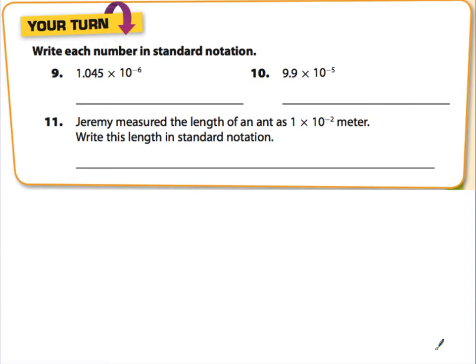All right, so number 9, you have 1.045 times 10 to the negative 6. You should have gotten 0, decimal, then 5 zeros: 1, 2, 3, 4, 5, and then your 1045.